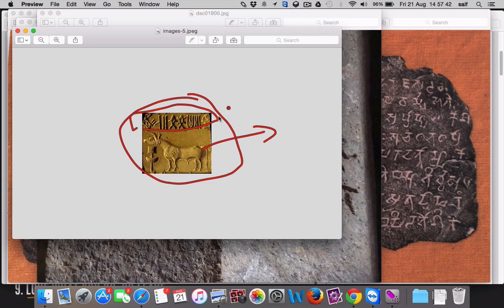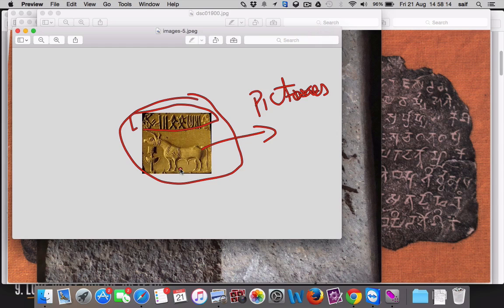Mostly in Harappan time, people inscribed only pictures. But later, in Ashoka's time, pictures were not there; writings were there, in Brahmi, used to write Prakrit language. In the Harappan region you find only pictorial writing. Till now, no one has been able to find out what is written.